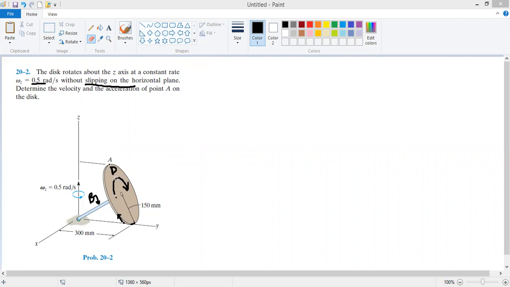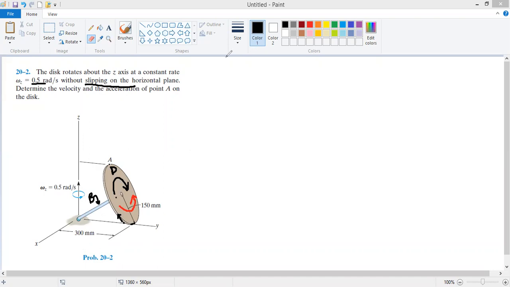That is possible when this disk is rotating in a clockwise direction, because if the disk spins in the anti-clockwise direction, then its sense of rotation will not be along the positive z-axis, but along the minus z-axis.